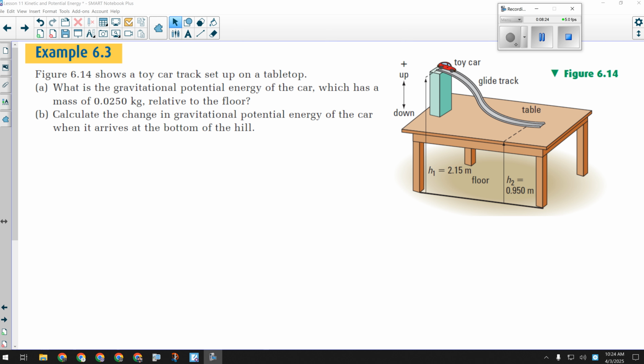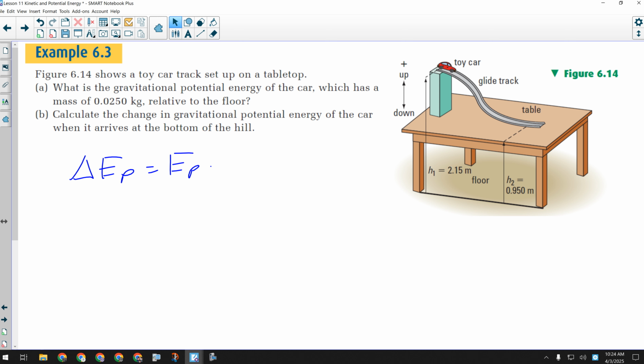It says the track is set up. What's the gravitational potential energy of the car, which has a mass of 0.025 kilograms, relative to the floor? So now ground level is our reference point. Delta EP is going to be EP final minus EP initial, and on the floor that's 0.